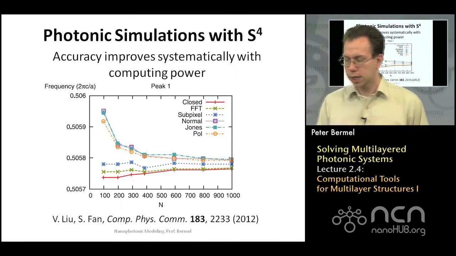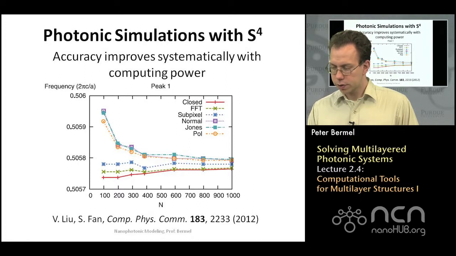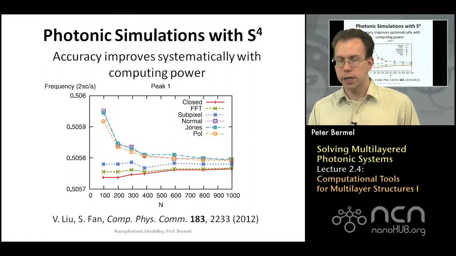Something that's very significant about this approach is that compared to a lot of other techniques, you see pretty good convergence in terms of the accurate frequency determination of high quality factor modes.